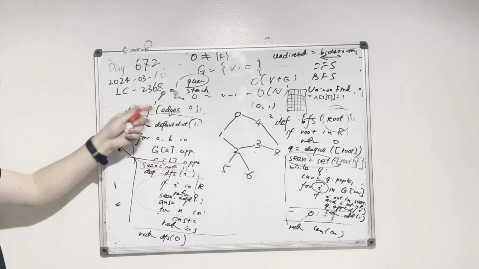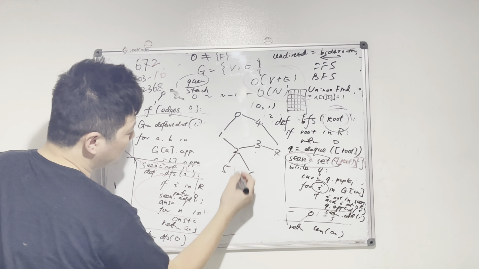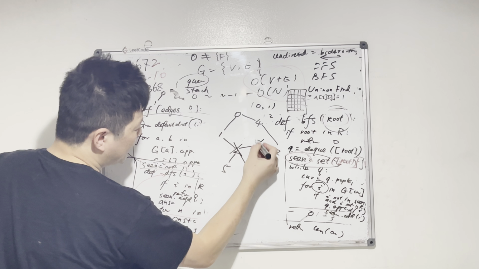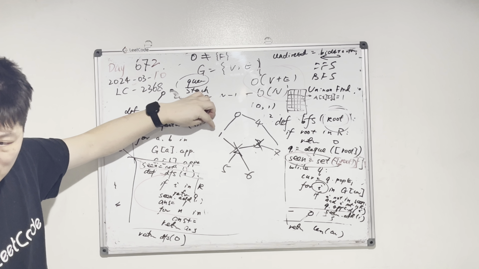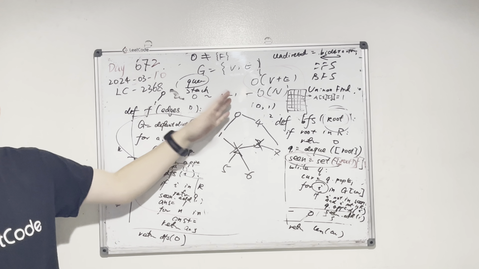This is an unweighted graph. If I tell you that node 2 and node 3 are forbidden, how many nodes? Using depth first search or breadth first search, we can get the number 4.